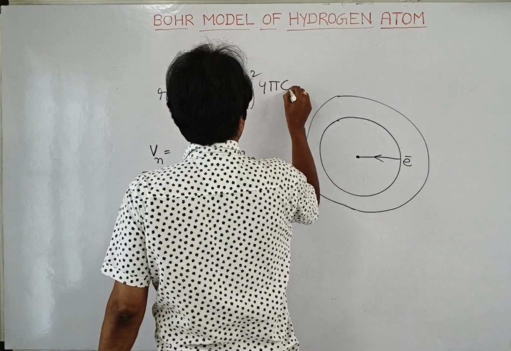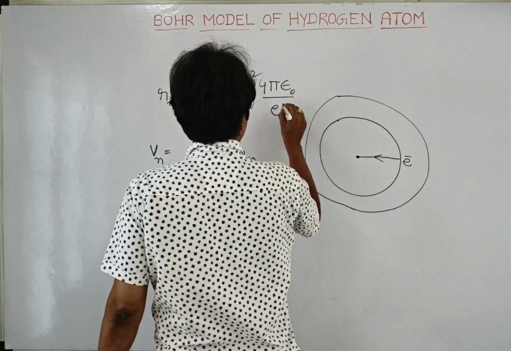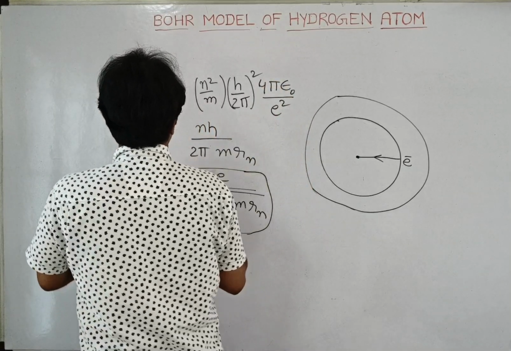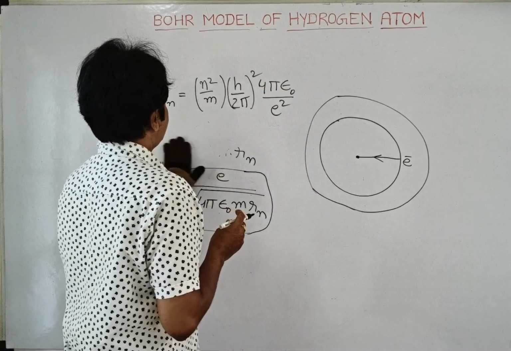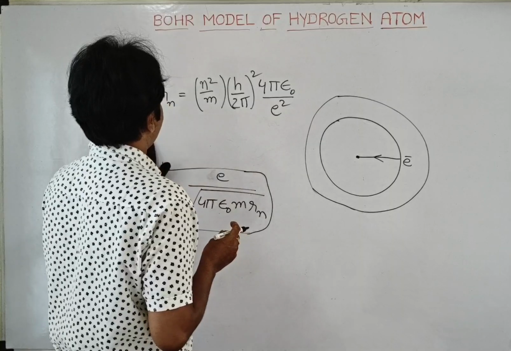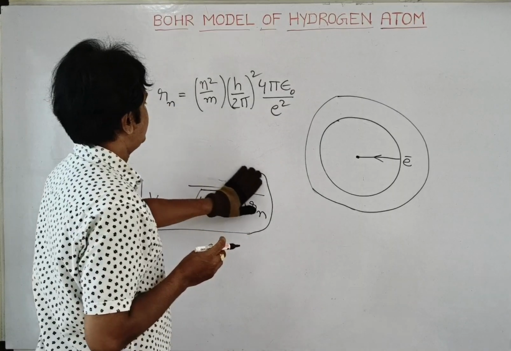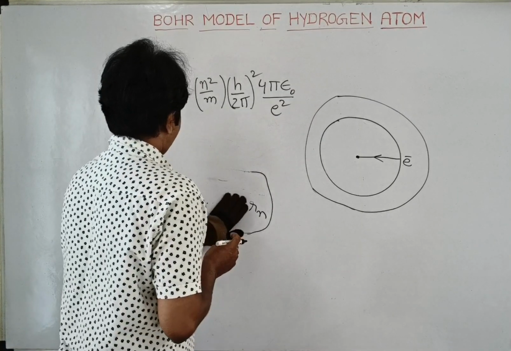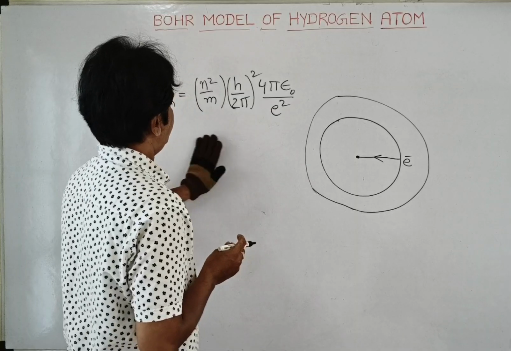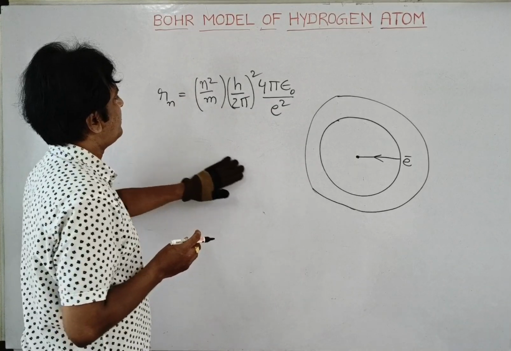I have written it directly, so you can do the simplification. It's simple mathematics. So we have derived the velocity of an electron and the radius of the nth orbit in this way.